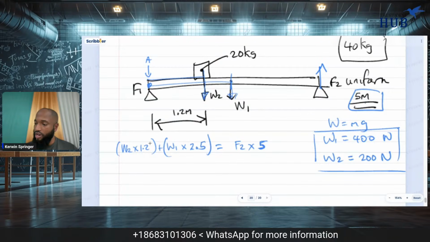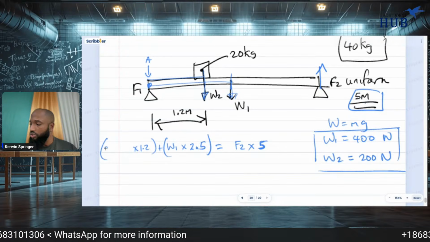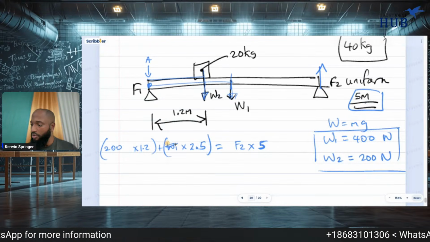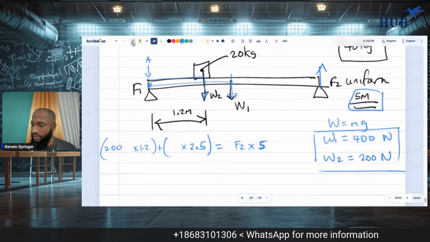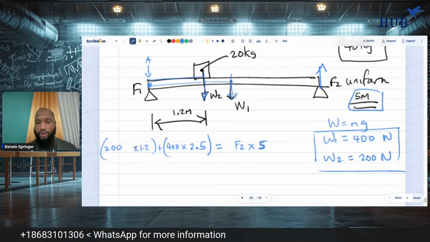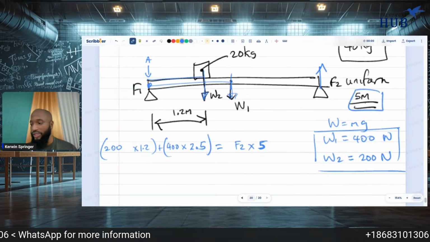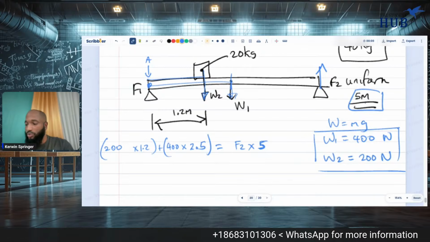We actually know W1 and W2. W2 is 200 and W1 is 400. So if you multiply 200 by 1.2, you're equating both sides. The total clockwise moments must equal the total anti-clockwise moments.